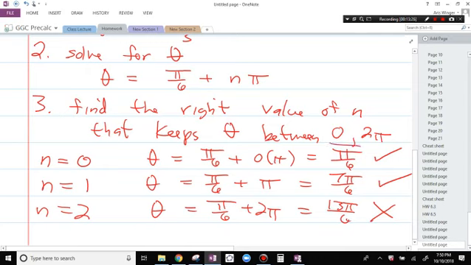So these two are the answers. Those are the only angles between 0 and 2 pi that solve that equation. So the steps are, look at the circle, find all the answers, solve for theta, and only pick the answers by letting n run that fit in the interval that you care about.